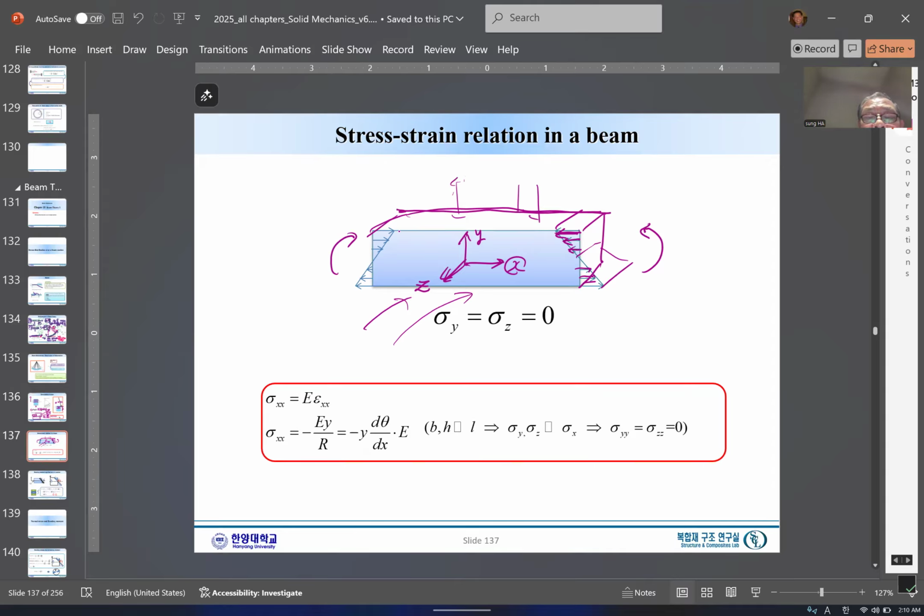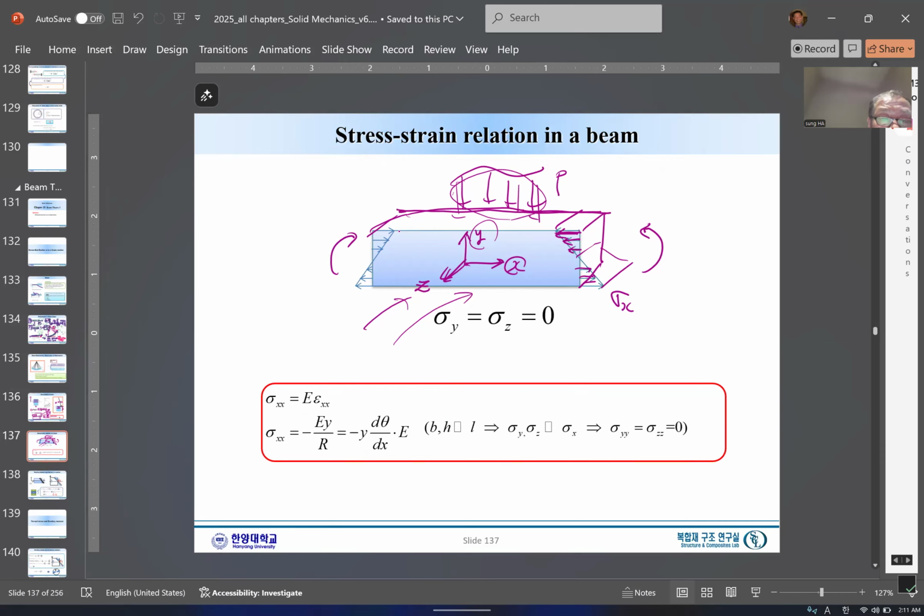Actually, later we will apply the vertical load, a certain distributed load or local load, but you will see the stress in the y direction is relatively negligible, very small compared to this sigma x.